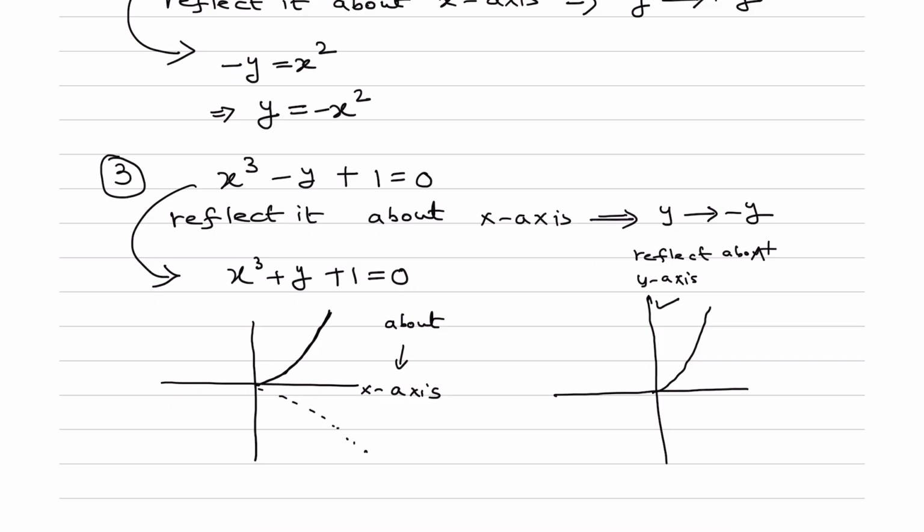It would be this shape. So that's the reflection of this graph about the y-axis. So we have seen how to reflect the graphs about the y-axis and x-axis, both geometrically and mathematically. In the next video we are going to talk about symmetry of the graphs about the x-axis, symmetry of the graphs about the y-axis, and symmetry about the origin.